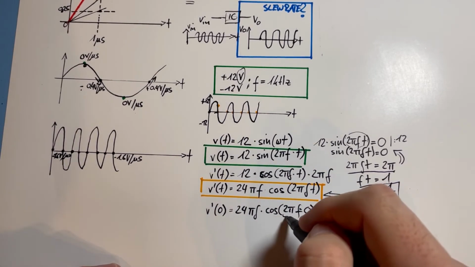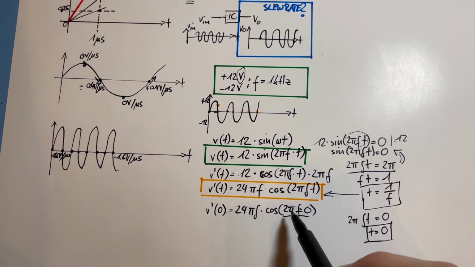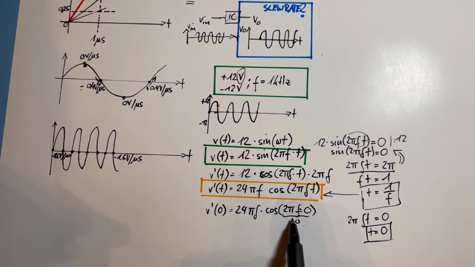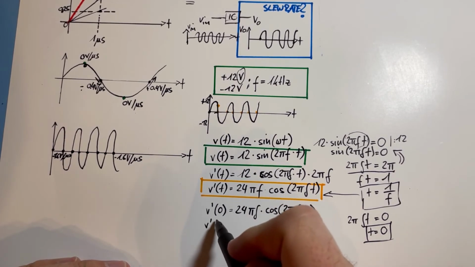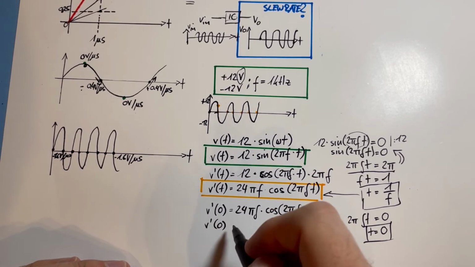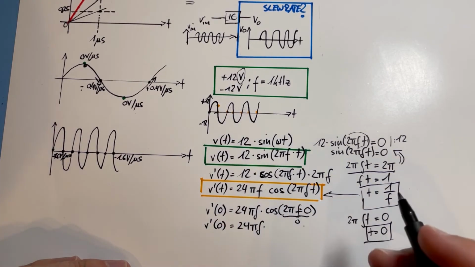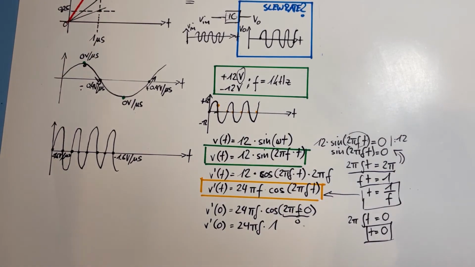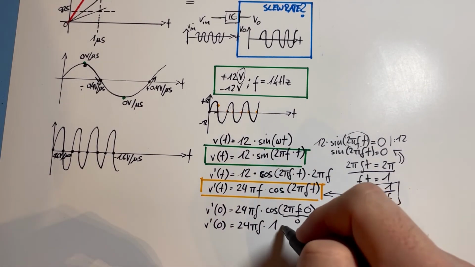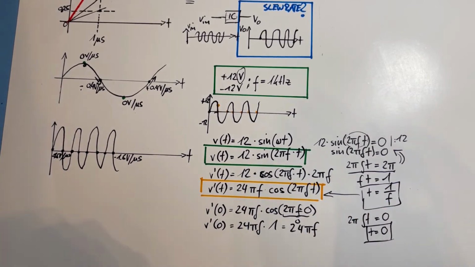This whole thing inside the braces is 0, and the cosine of 0 is 1. And so we have v dash of 0 equals 24 pi f times 1. And times 1 you can just forget. That is just 24 pi f.